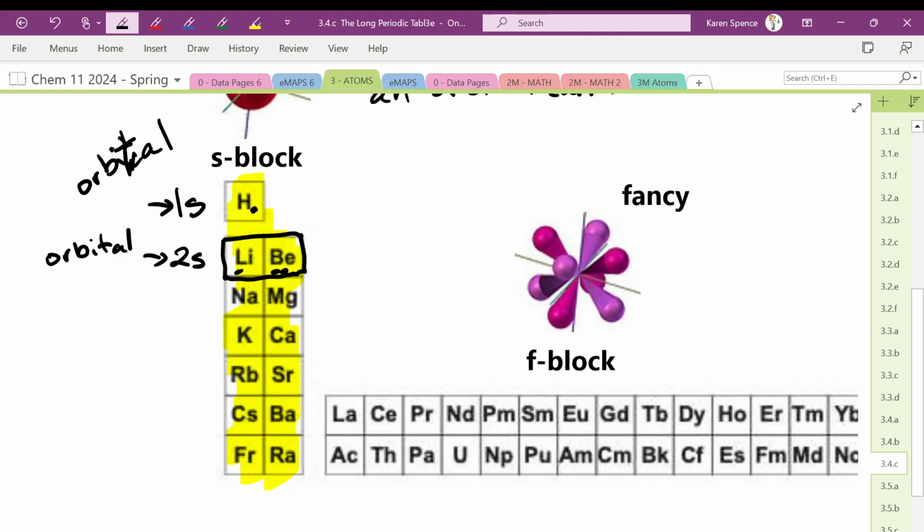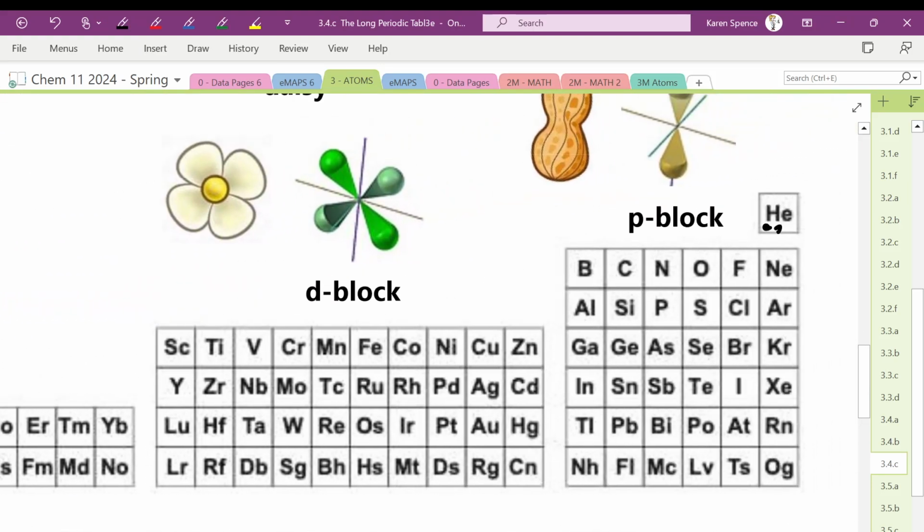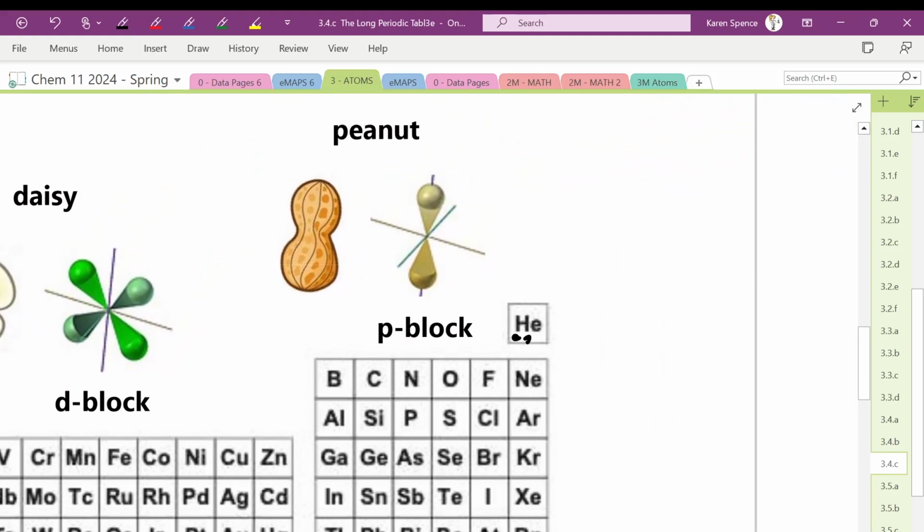Now in row number 2, we get a whole bunch of other orbitals. And they don't look like spheres, they look like peanuts. So can you guess what kind of an orbital this is called? This is called a p orbital.